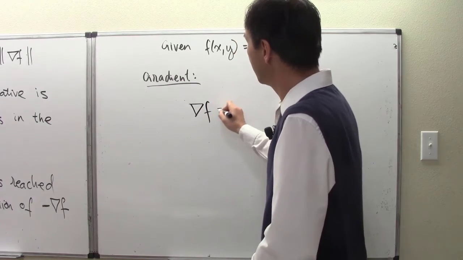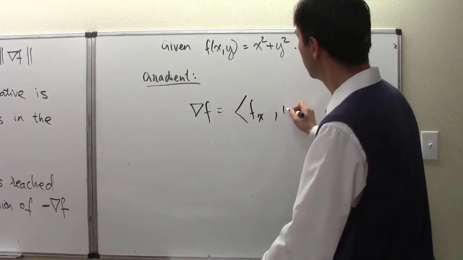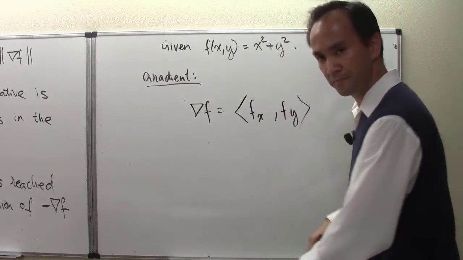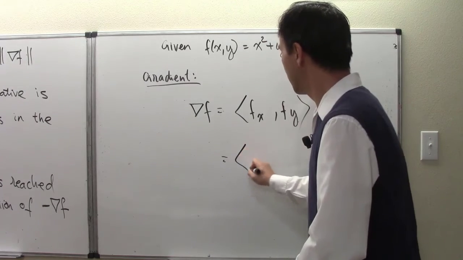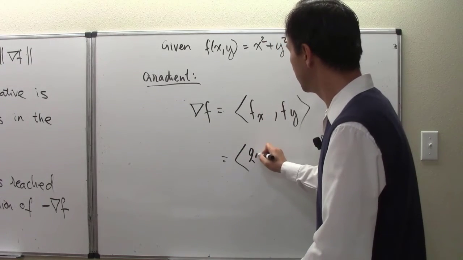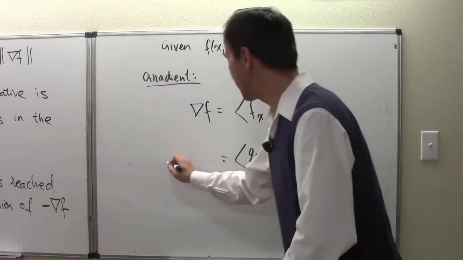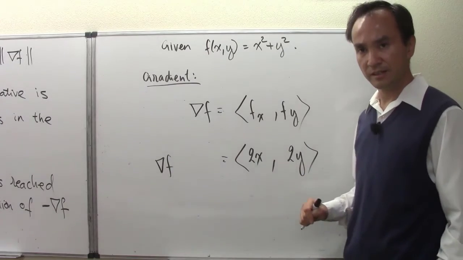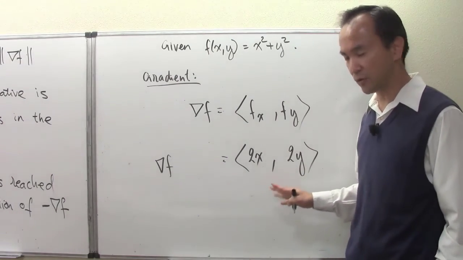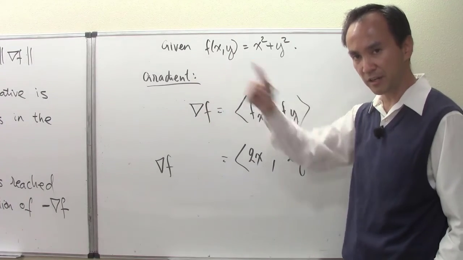Del f, all we have to do is produce fx, fy. So fx here is 2x, fy is 2y. Now let's look at the nature of this gradient vector. This illustration represents many other problems out there where a lot of times you are asked to find a gradient vector.